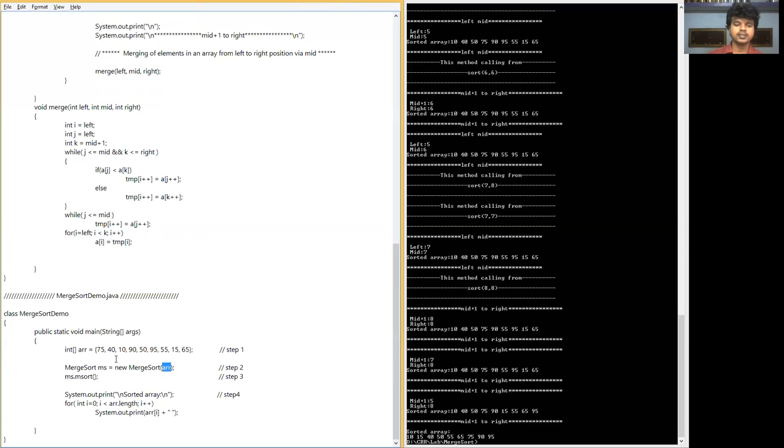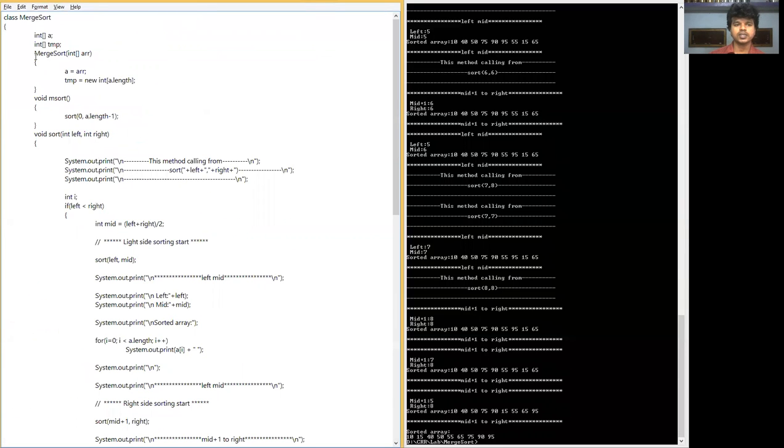The array consists of these elements. Those elements are passed to this constructor. In this constructor, there is another array declared in merge sort, so these array elements are added to this array A.